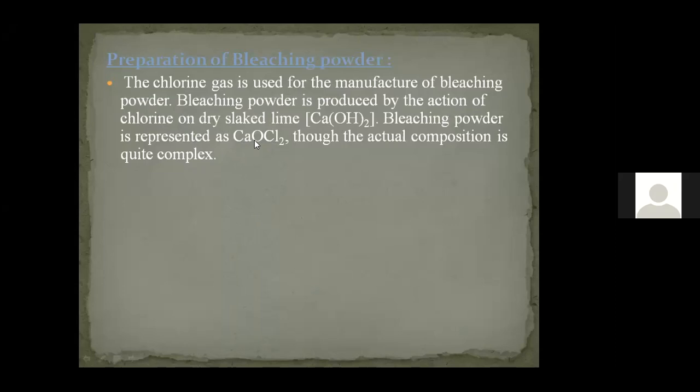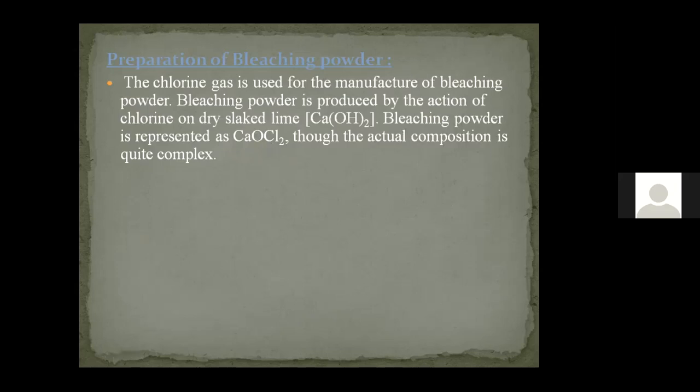Ca is calcium, O is oxygen, Cl is chlorine. But the actual structure is not only calcium oxychloride; it also has calcium hydroxide, chlorine, and water molecules. But as of now, remember bleaching powder as calcium oxychloride.